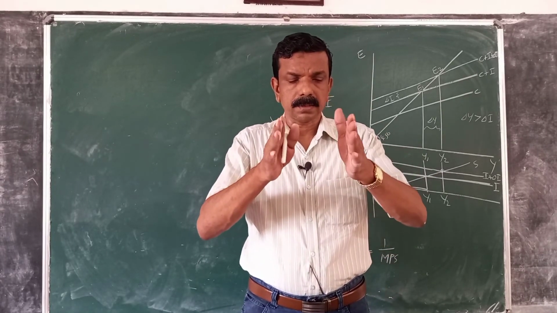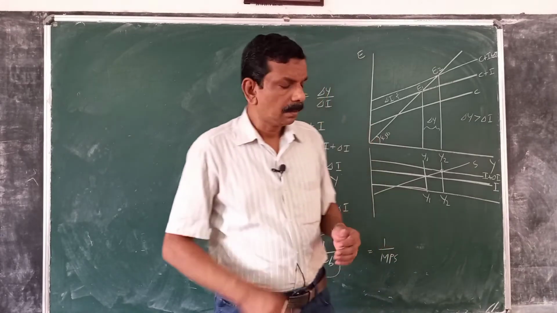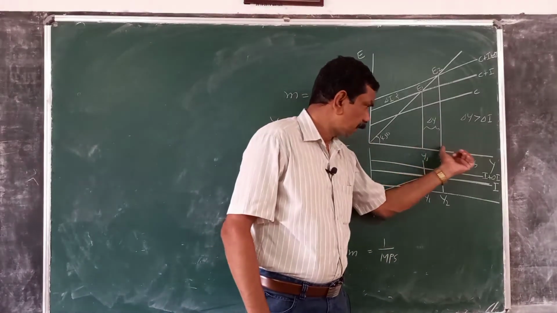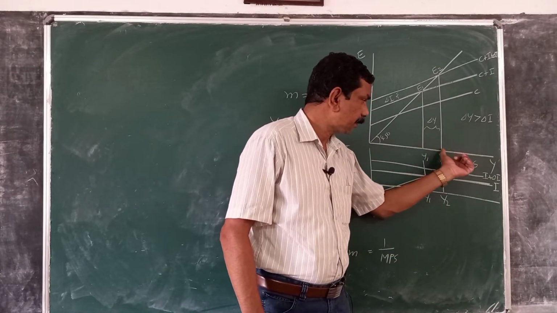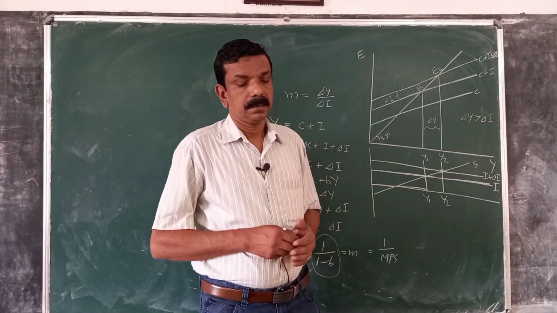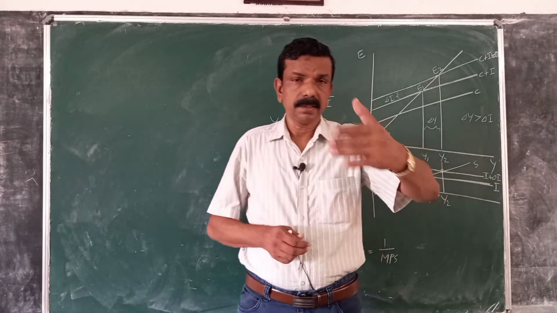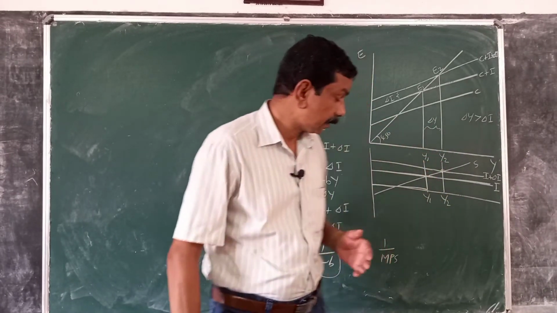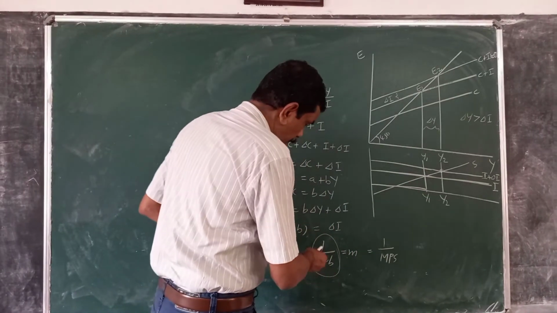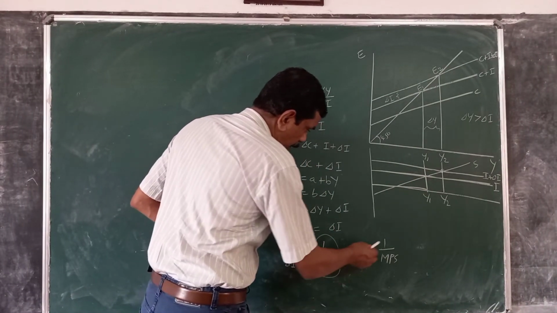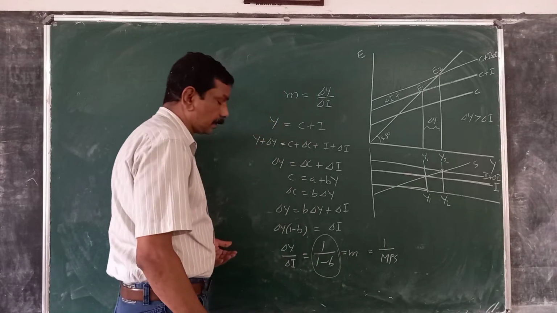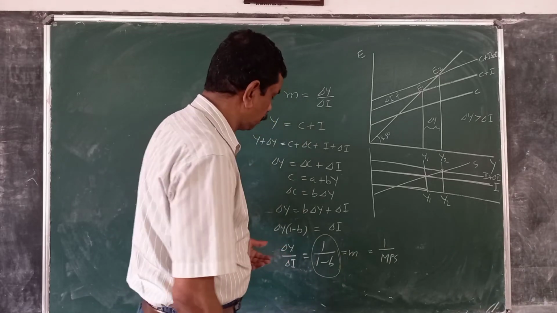Now, the crucial question is, why does income change by a multiple of the initial change in investment, or why does income change by 1 by 1 minus b, or 1 by MPS, for each change in income?